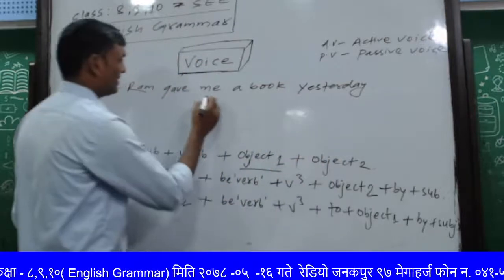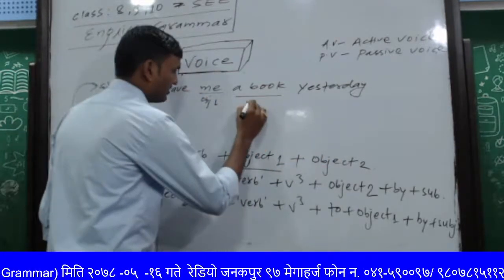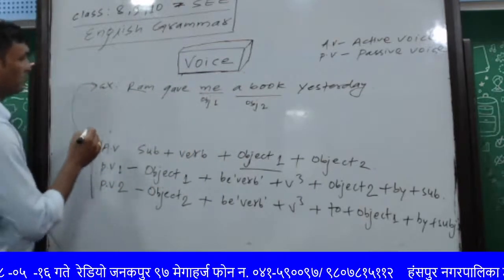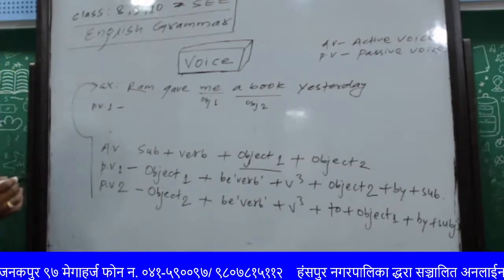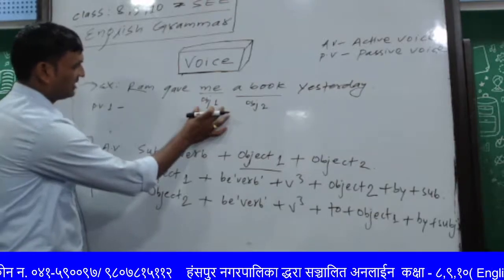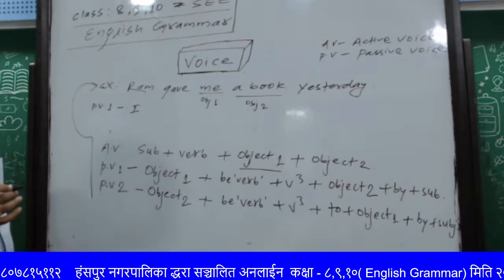Listen students, this one is object first, a book is object second, then the passive voice first, PV first. How can we change? First of all, object first, me, changes into I in the subjective case.